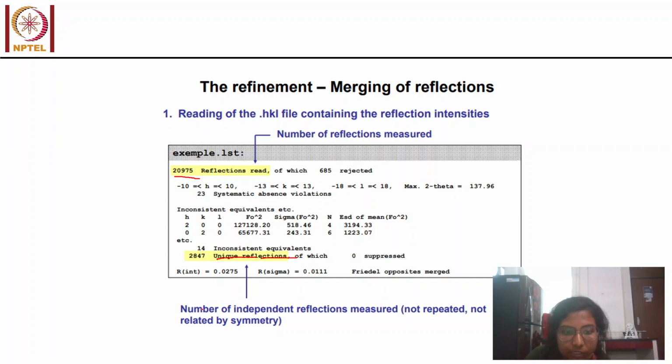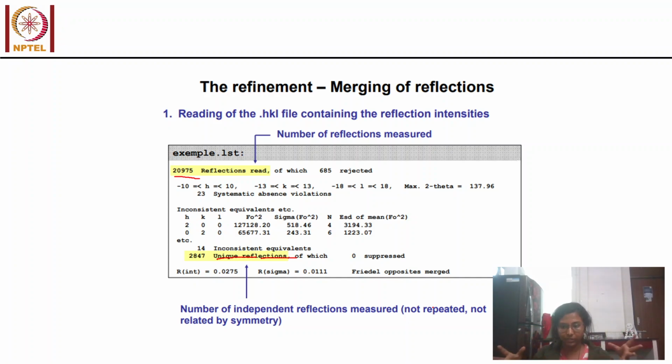Unique reflection means the number of independent reflections measured which are not repeated and not related by symmetry. Usually when we collect the spots, there is something called redundancy. We take the same spot many times. Why do we do that? Because we do not have the phases, we take more data to calculate and guess.